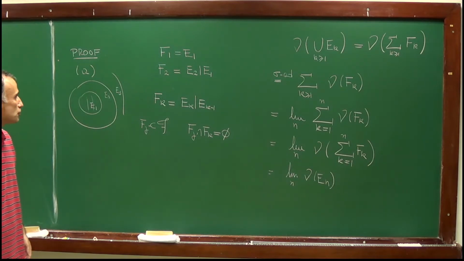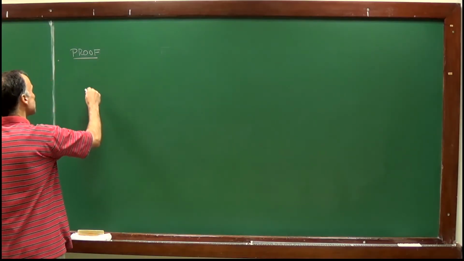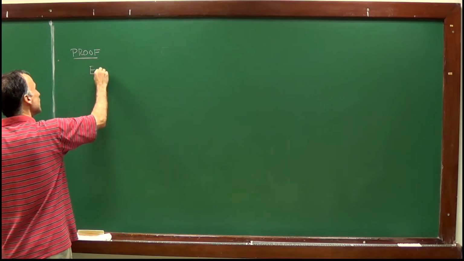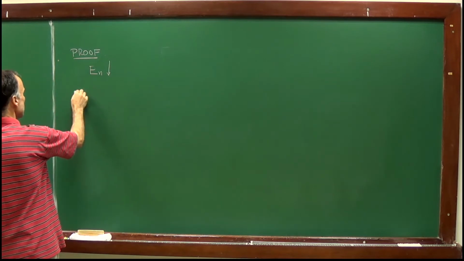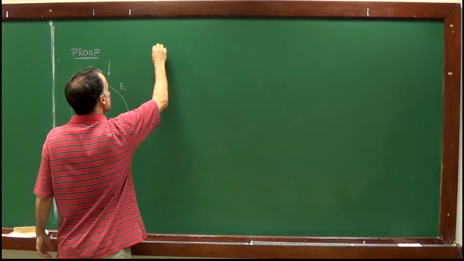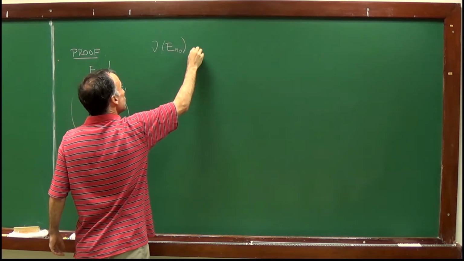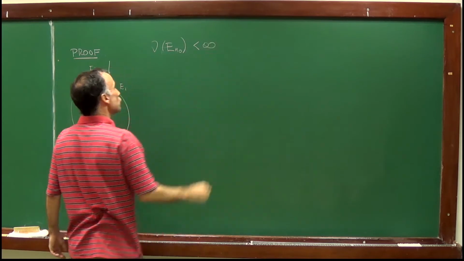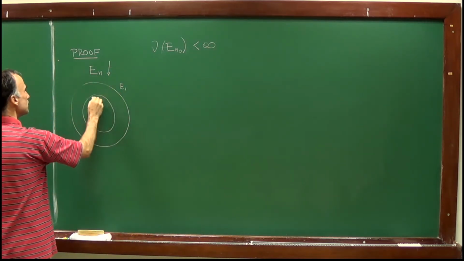So this proves the first part of the lemma. Now let's prove the second part. Now I have a sequence En which is decreasing. Here is E1, but at a certain point I have a set En0 whose measure is finite.